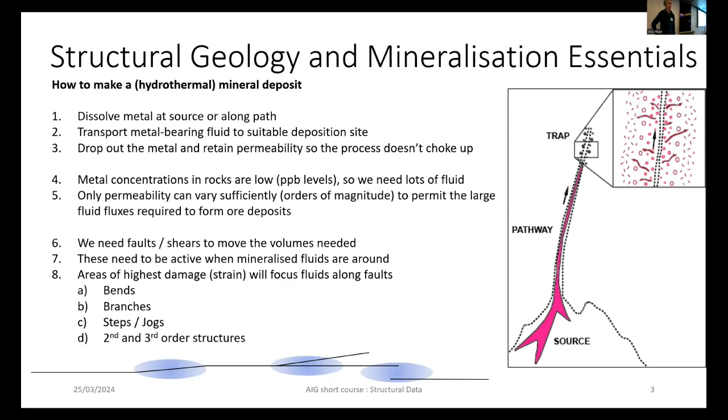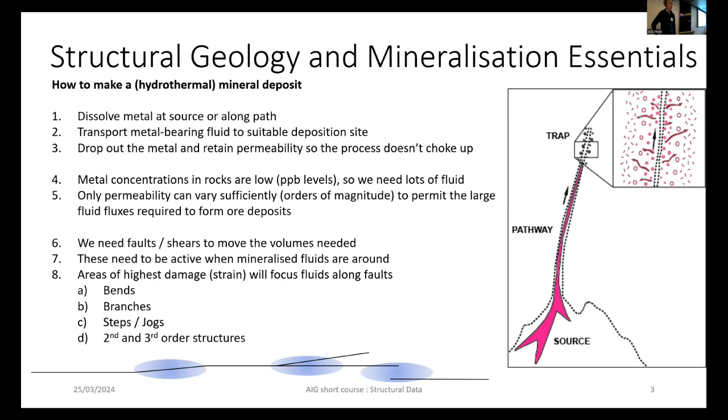Then you have to transport that metal, now in solution in some hydrous fluids, through the crust, through rocks, and rocks are not very porous. And then you have to get to a trap site where, for whatever reason, pressure drops or geochemical imbalances occur, your metal drops out at the deposition site, and then you have some outflow, right?